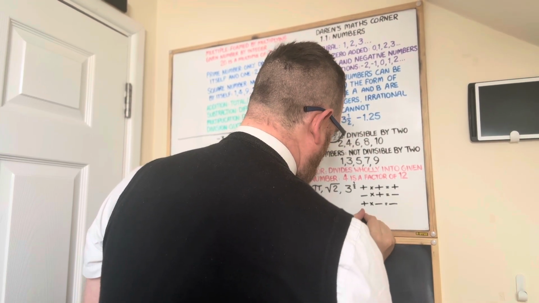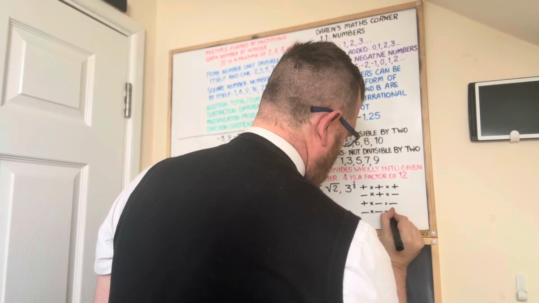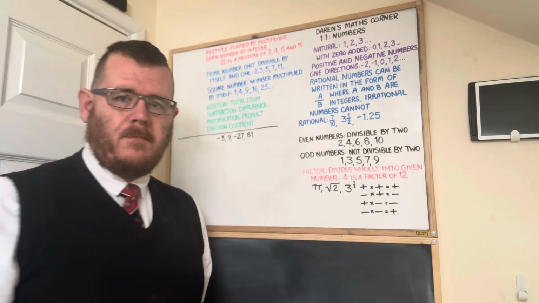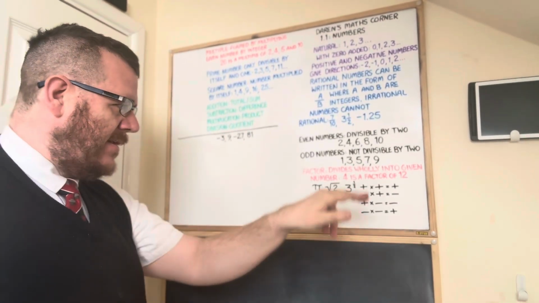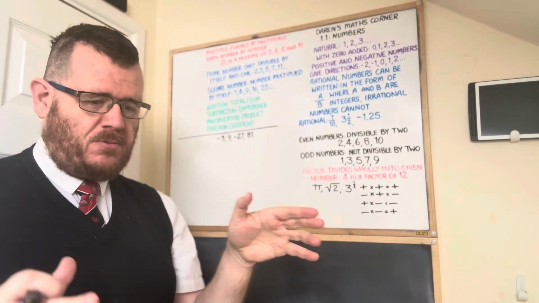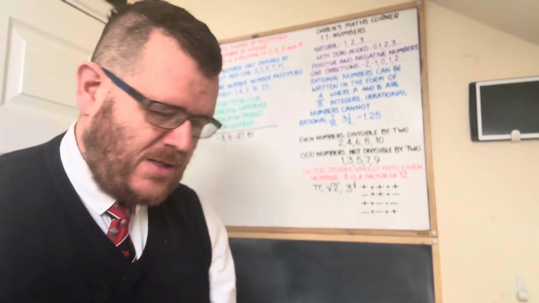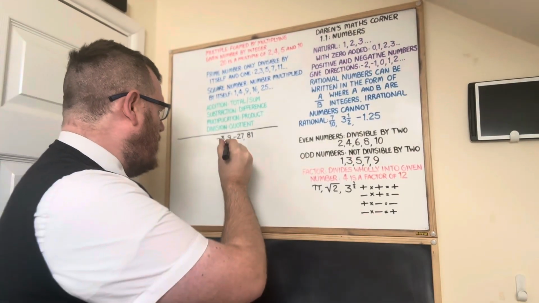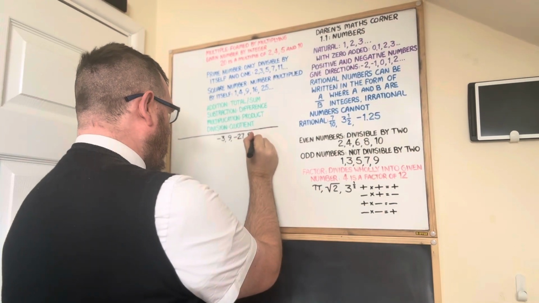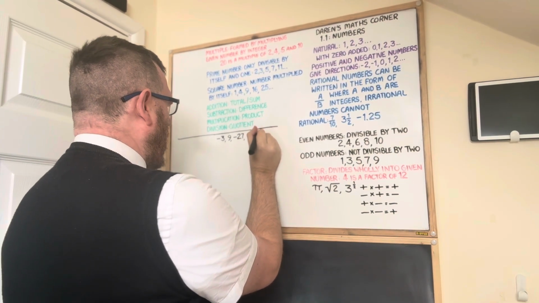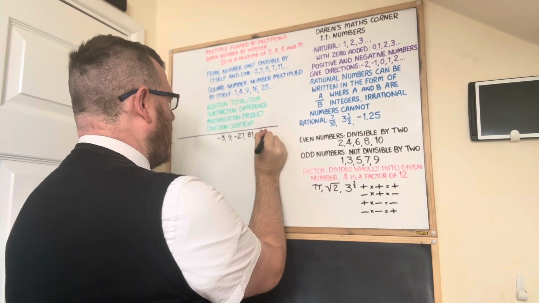But if you've got a minus times a minus, that gives you a plus. That will help us with what's coming up next in the sequence, and that is you're multiplying the number by -3, remembering a plus times a minus gives you a minus.